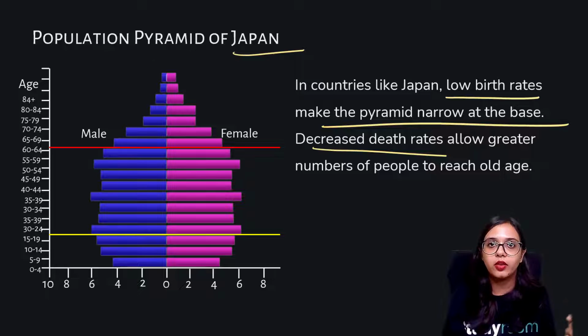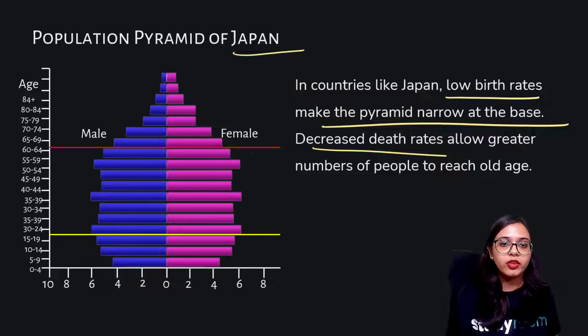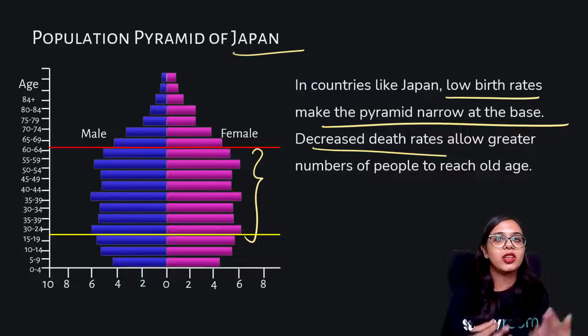just like the UK, right? So we have this kind of a shape here, where more people get the opportunity to reach old age, and one bright day, they can embrace death.